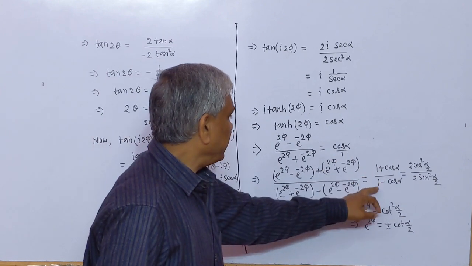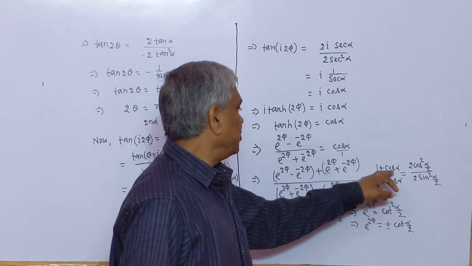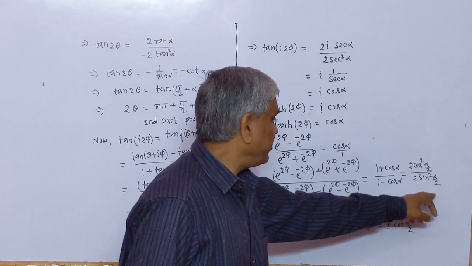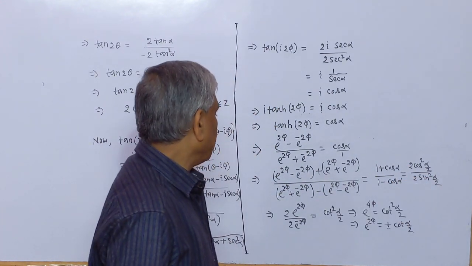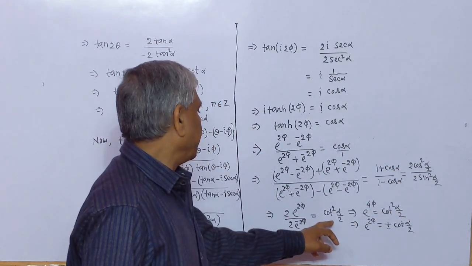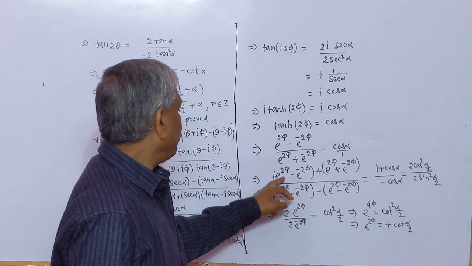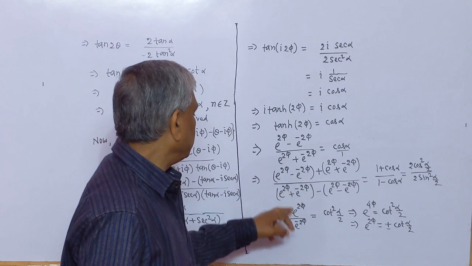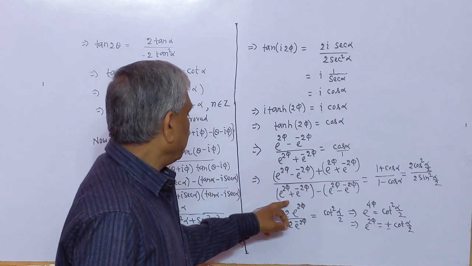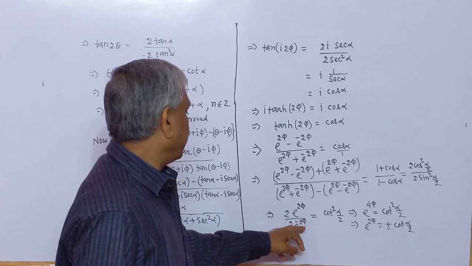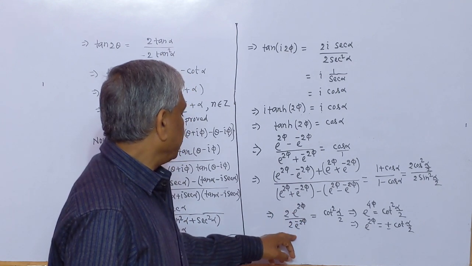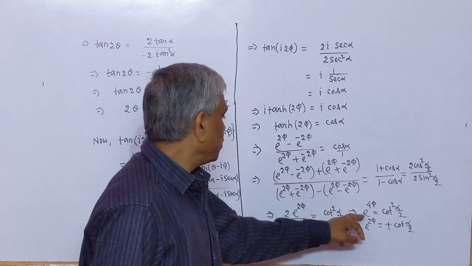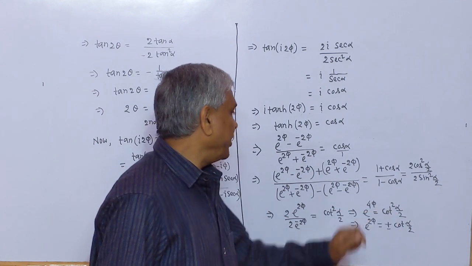Here 1 + cos alpha, here 1 - cos alpha. 1 + cos alpha is 2 cos^2(alpha/2), and 1 - cos alpha equals 2 sin^2(alpha/2). The 2 cancels, so remains cot^2(alpha/2) on the right side, and on the left side 2 e^(2 phi), the minus and plus cancel, so remains only 2 e^(2 phi). Similarly here remains 2 e^(-2 phi). The 2 cancels, and the base is the same, so for the power we subtract, and we get e^(4 phi) = cot^2(alpha/2).